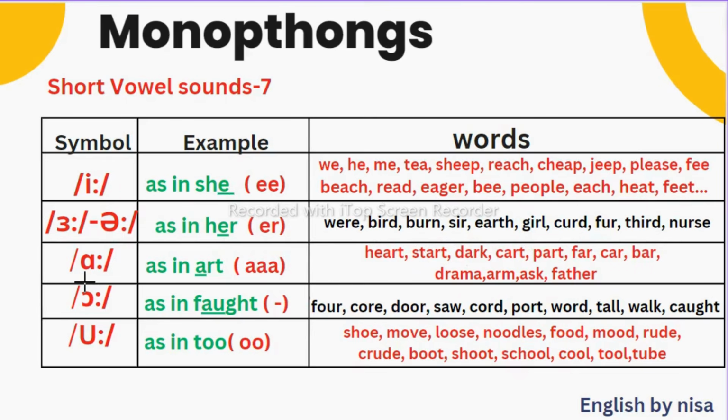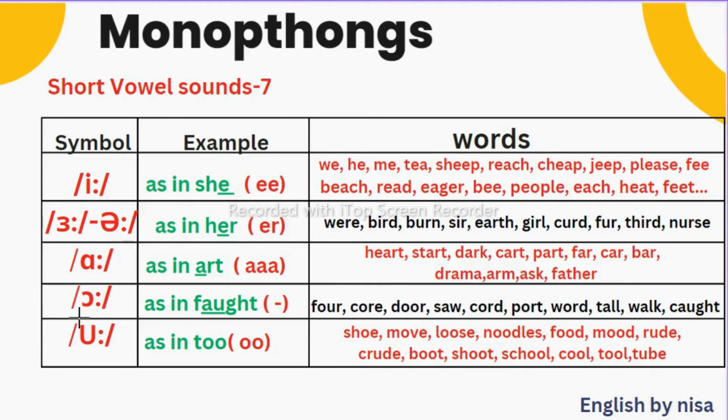Now let's see the A with two dots, which produces a sound like in art, heart. Again, we are not concerned about the spellings here but the sound. Words like heart, start, dark, cart give this A sound. You can read more.